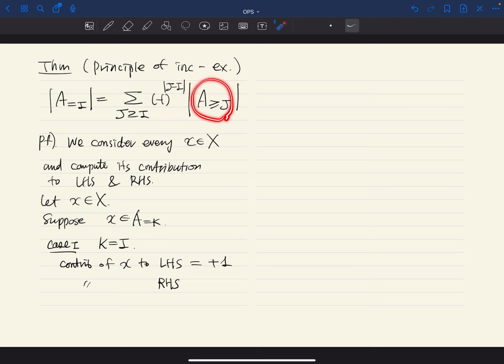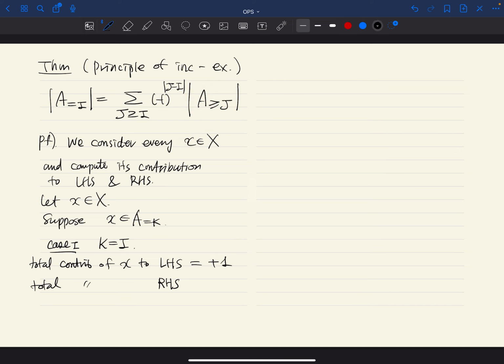So we consider the total contribution, and to consider the total contribution of x to the right-hand side, we only want to look at the j greater than I, with A j containing x.